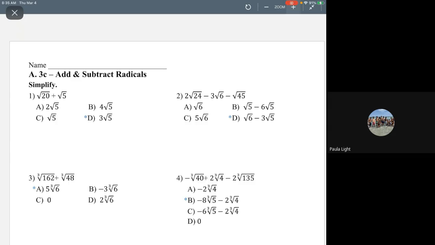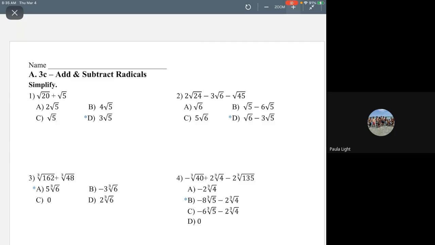All right. So when we're adding and subtracting radicals, how do you know if you can add or subtract radical expressions? What's the telltale sign? Like terms, exactly.